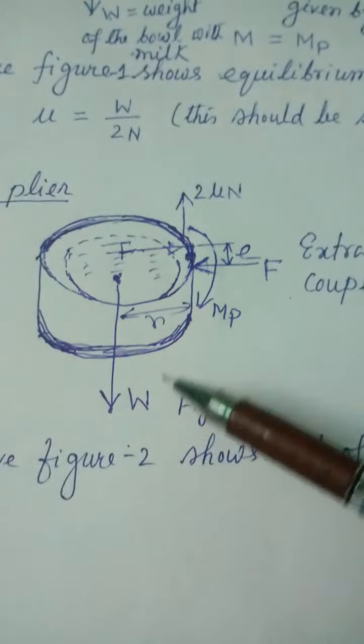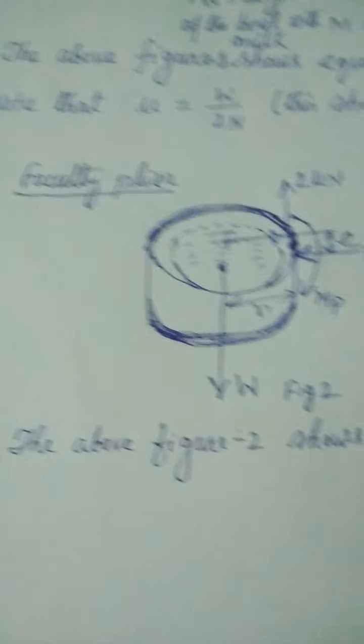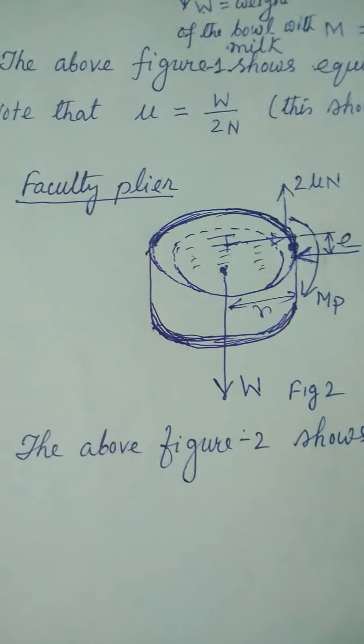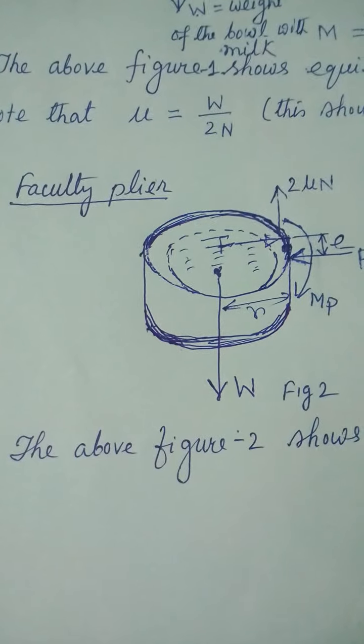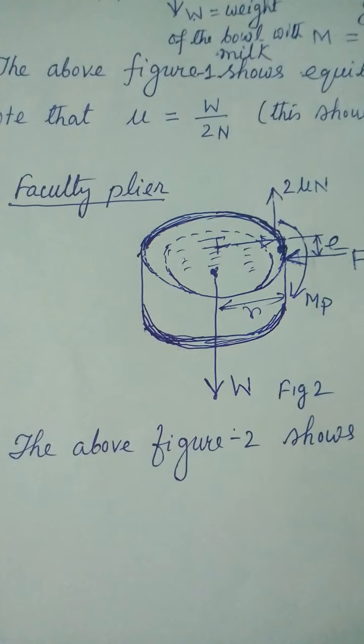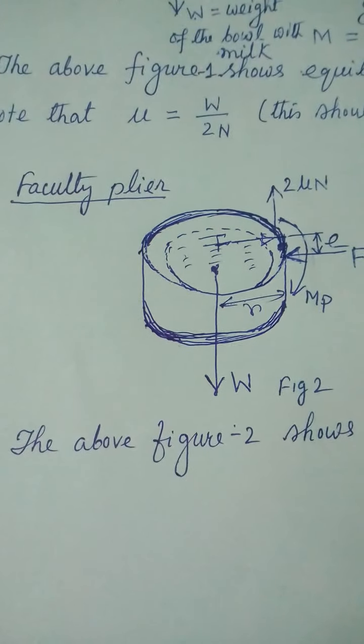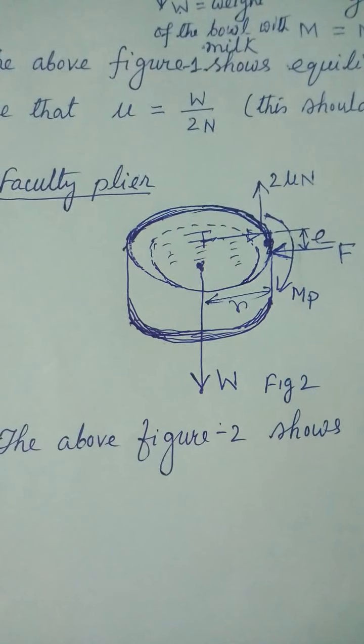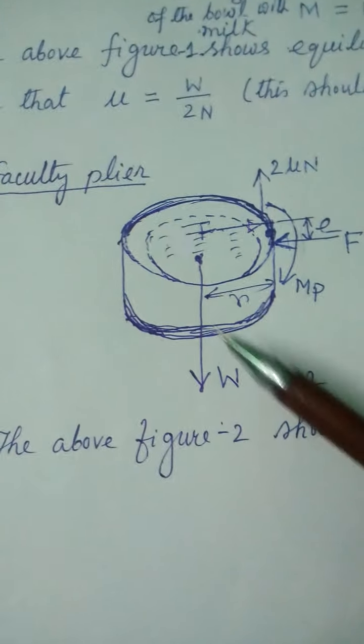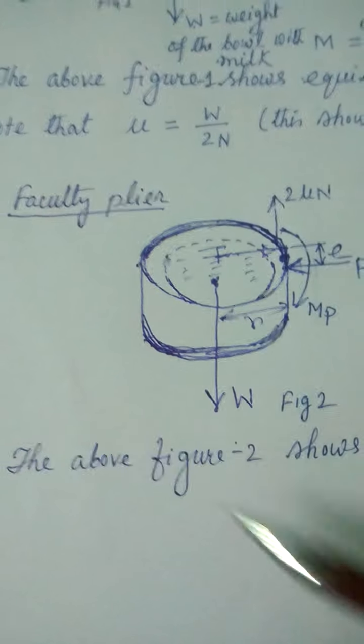So when this is hot milk, and you are taking it from the kitchen to the dining table, it is tilted.